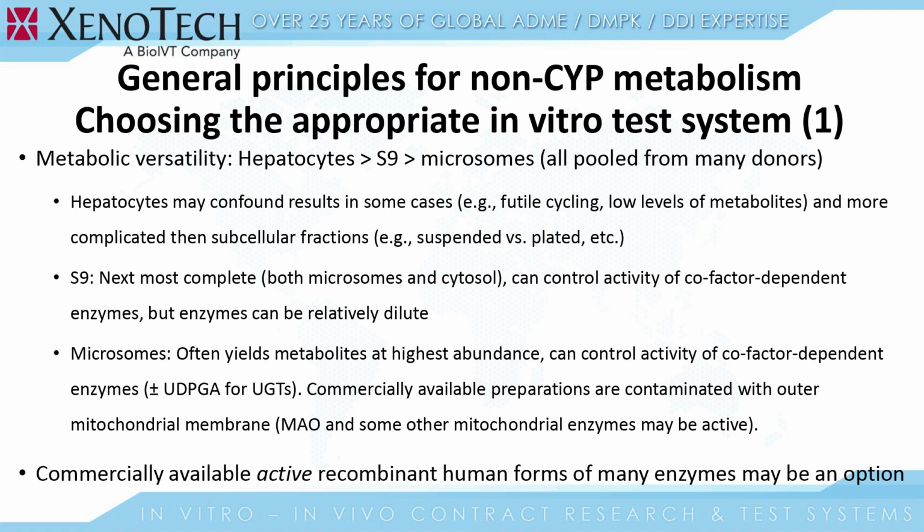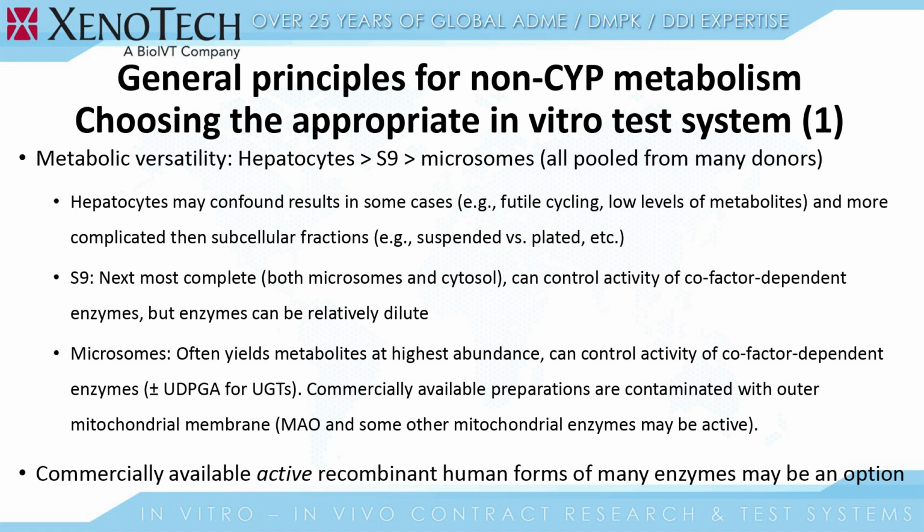So when it comes to versatility of the test systems, hepatocytes, of course, are the most versatile since they're living cells with all their metabolic pathways present and in operation, and no need to add any additional cofactors as they're present in the system. The next test systems we have are subcellular fractions.